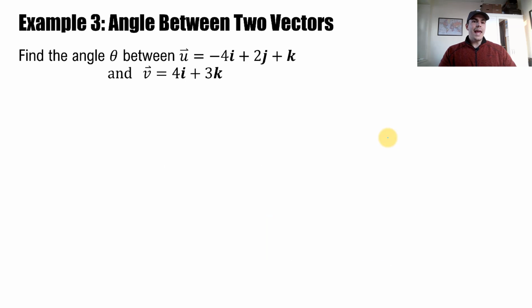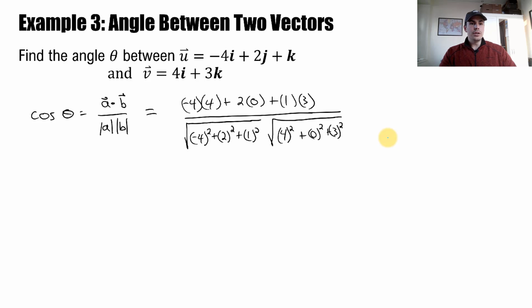Alrighty, now let's take a look at the angle between two vectors. Again, we're looking at this in three-dimensional space. However, our formula does not change at all. Cosine of theta is equal to A dot B all over the magnitude of A times the magnitude of B. So in this case, it's just going to be U dot V over magnitude of U times magnitude of V. So U dot V would be our I components.